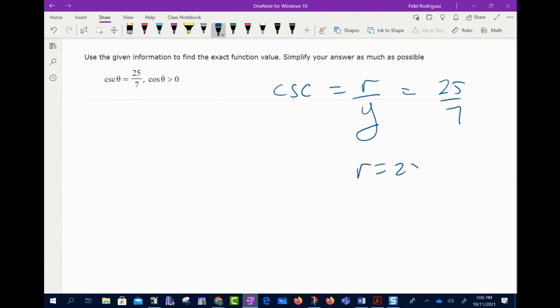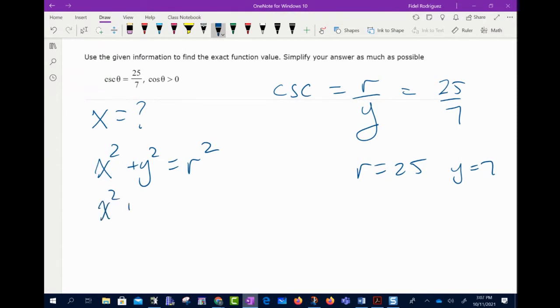So this is telling me that my r is 25 and my y is 7. What we don't know is our x value, right? So remember, basic Pythagorean theorem, y'all, says x squared plus y squared equals r squared, right? So we're going to have x squared plus y, which we said is 7 squared, equals 25 squared.